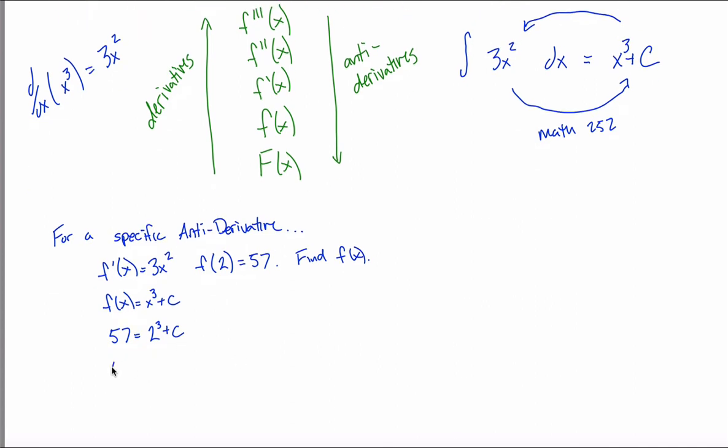And since 2 cubed is 8, 57 must be 8 plus c. And therefore, if I subtract 8 from both sides of the equation, I get that c must be equal to 49. So now I can give the reader not just a general antiderivative, a family of functions, but a specific antiderivative. I could say that f of x is x cubed plus 49.